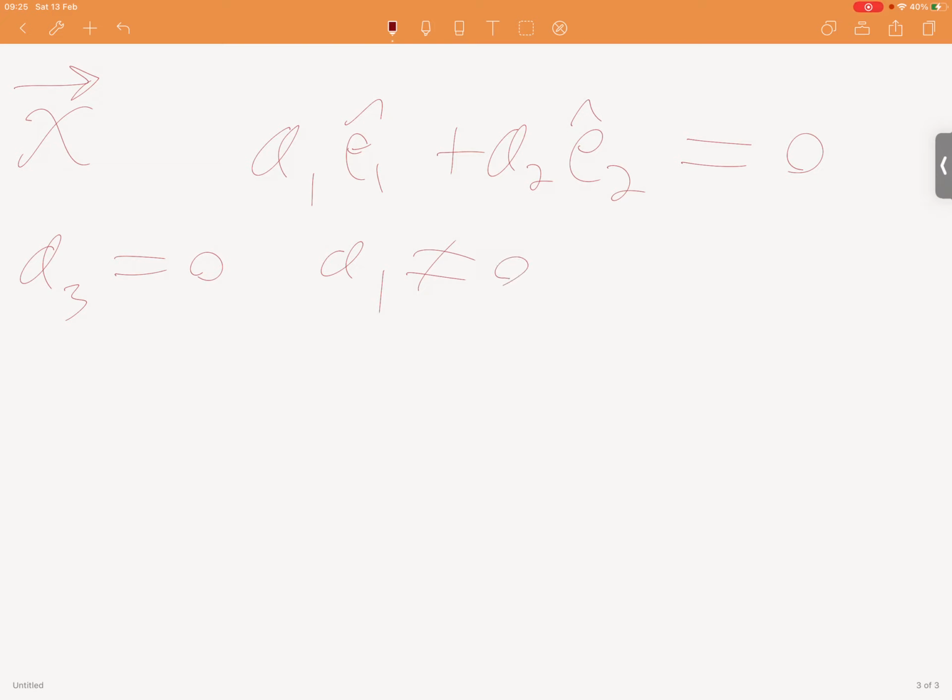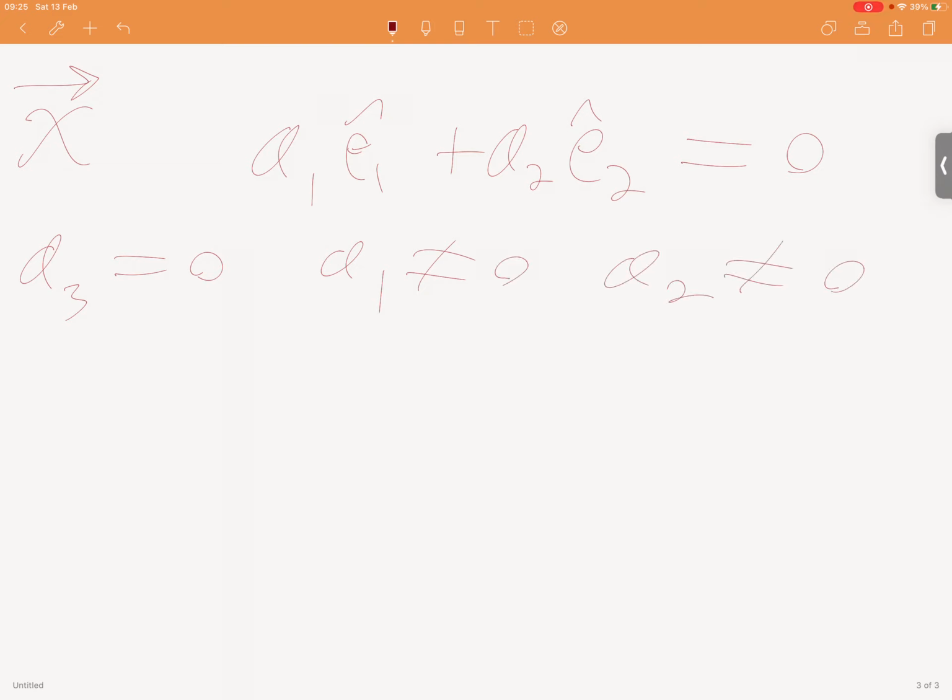Let me redraw that, sorry. Now I'm going to explain. It's obviously possible, but if that's the case, then the vector x is not linearly independent. Let's presume that it's the case. Equals 0, right? a3 is 0, a1 is not 0, and a2 is not 0.